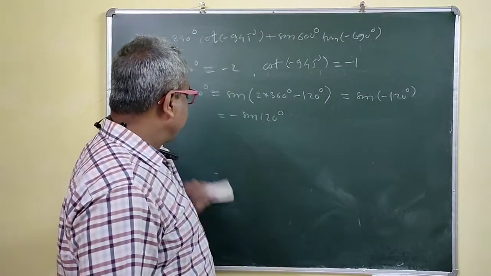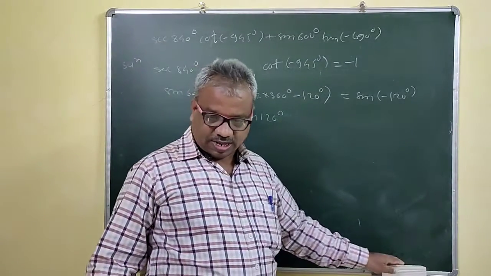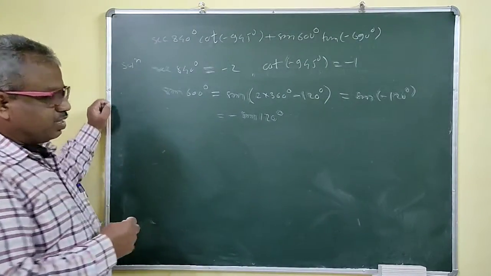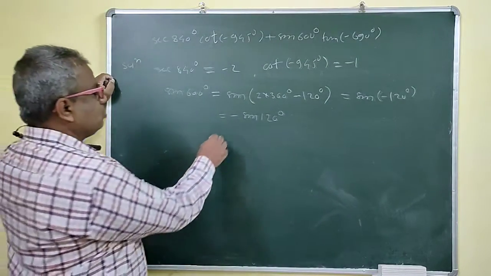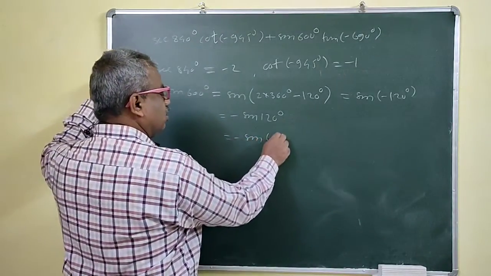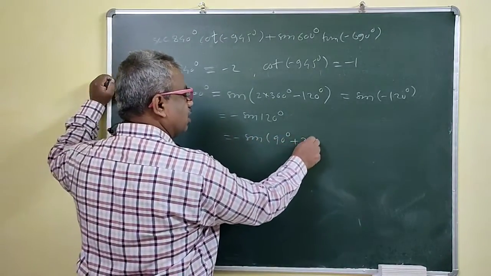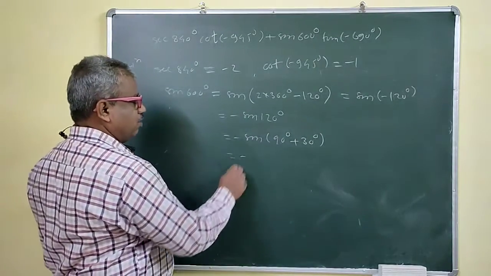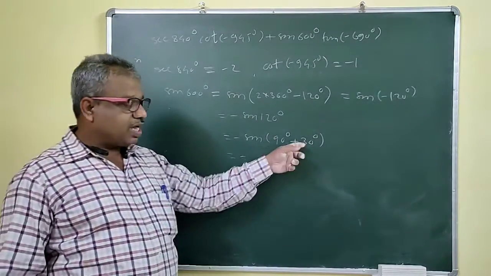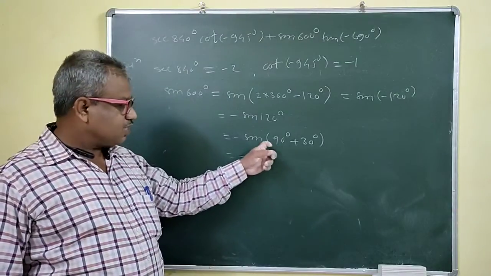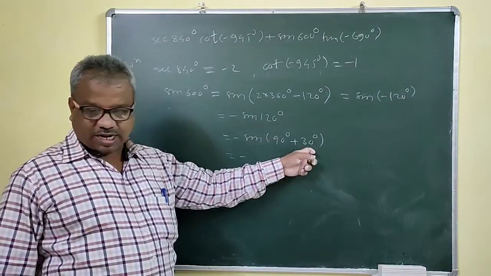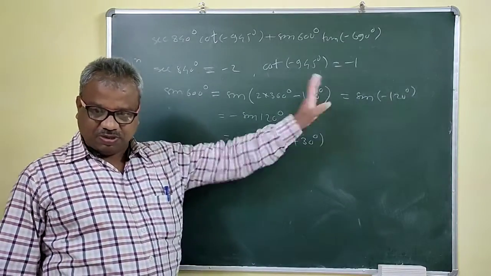How can you write 120 degree? You can write 60 degree plus 60 degree, or 90 degree plus 30 degree also, right? So this is minus sine of 90 degree plus 30 degree. So sine 90 plus theta is, see, sine 90 cos 30, and cos 90 will be in the second term, cos 90 that will be 0.